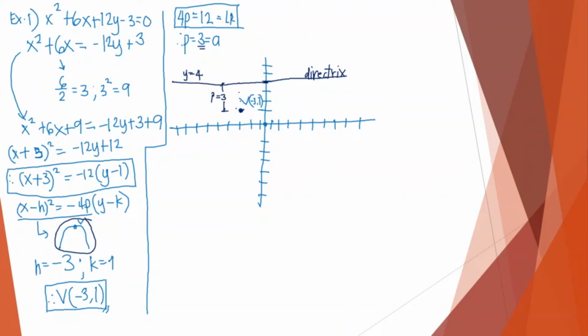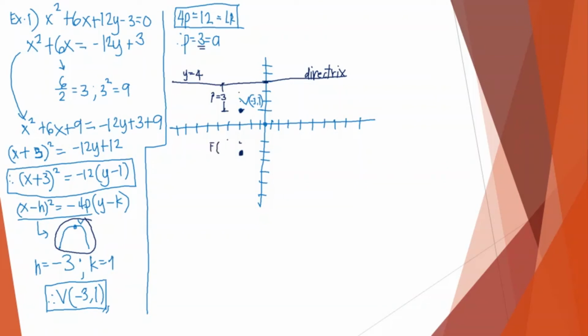The next is our focus. Our focus is within the concavity of the curve. So you have this vertex here at 1, then 2, then 3. Okay, so this will be our focus.